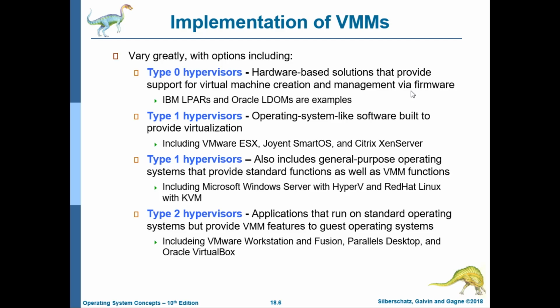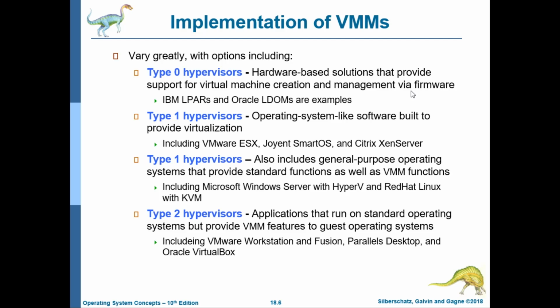Next, we have type 1 hypervisors. These are operating system-like software built to provide virtualization. Examples of this are VMware ESX, which is another virtual machine manager, of course. ESX means Elastic Sky X. We also have Joyent SmartOS and the Citrix XenServer.